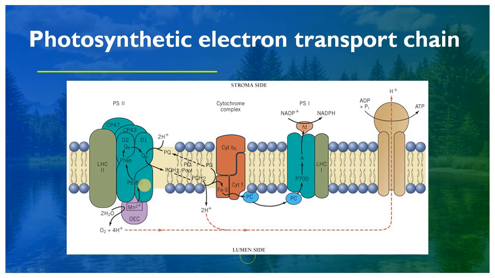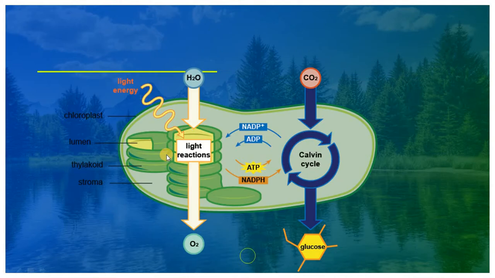Okay, so let's talk about what is the pathway of these electrons. So from water, the electrons will be centered in the reaction center of the photosystem 2. Then they will be given to this molecule called pheophytin. Then on the molecule called quinone A, quinone B. Then they will be carried through the membrane with a molecule that is called plastoquinone.